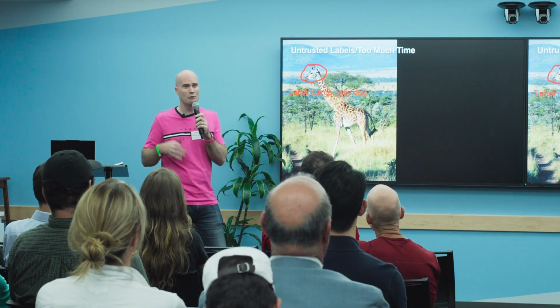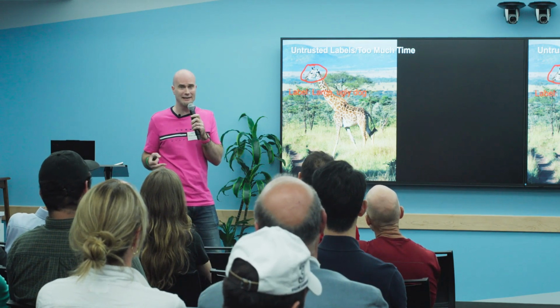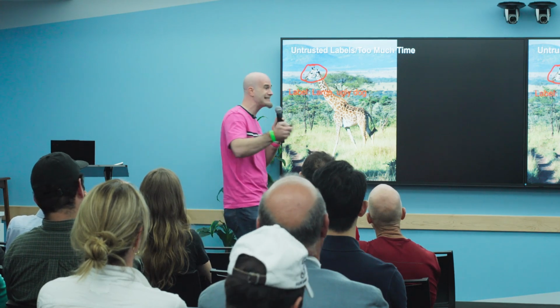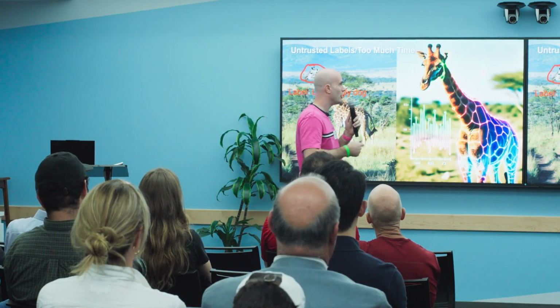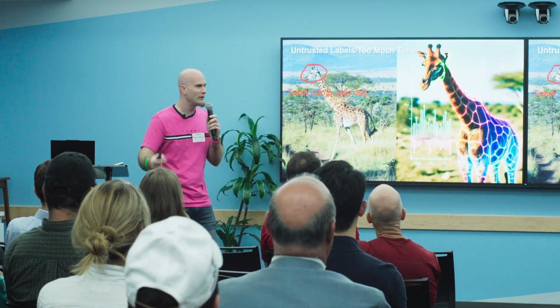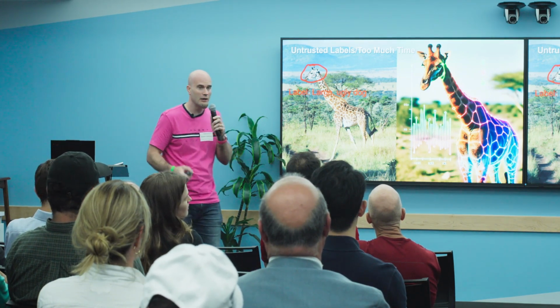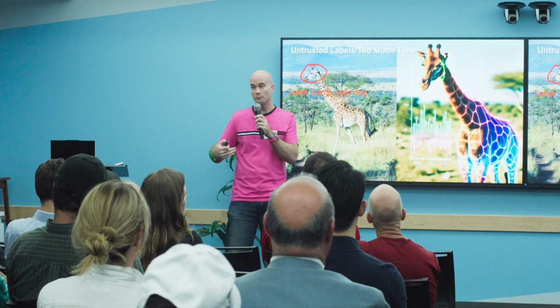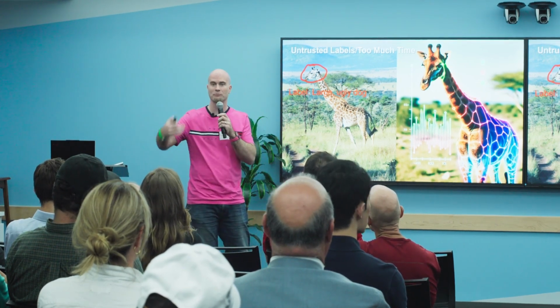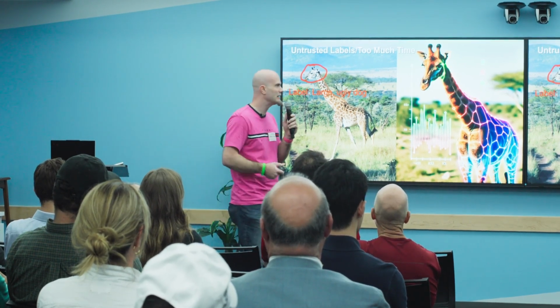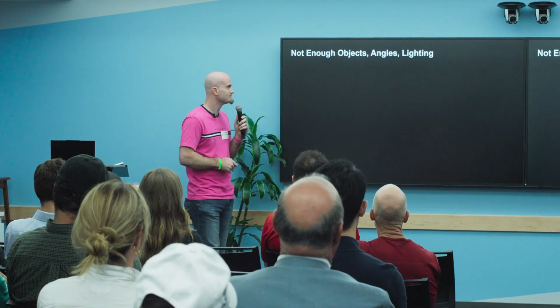So maybe even worse than unlabeled data is incorrectly labeled data. But if we synthesize the data, not only do we recognize it's a giraffe, we can recognize where every point is. We could recognize the giraffe behind the grass. We know that those pixels, even though they're grass, behind them is giraffe. So we can get very precise with these things.